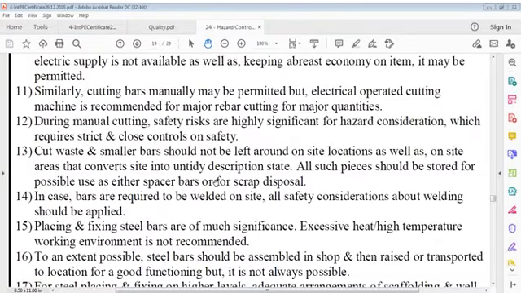During manual cutting, safety risks are highly significant for hazard consideration, which requires strict and close control on safety.